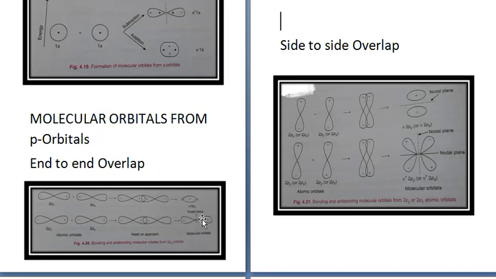Even in subtraction you get an orbital like this. The nodal plane is here at the center.